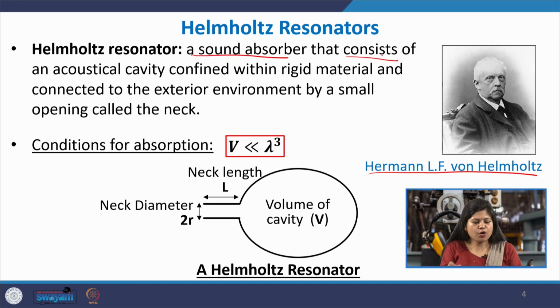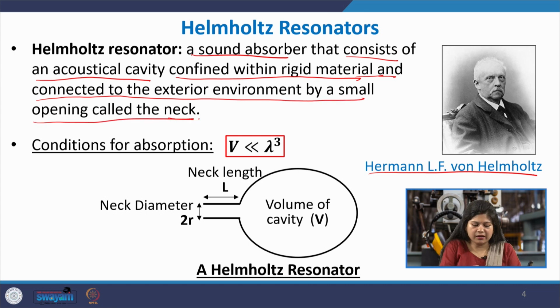It consists of an acoustical cavity which is confined within some rigid material or rigid boundaries, and then it is connected to the exterior environment by a small opening called the neck. So, it looks something like this. You have some kind of acoustical cavity.